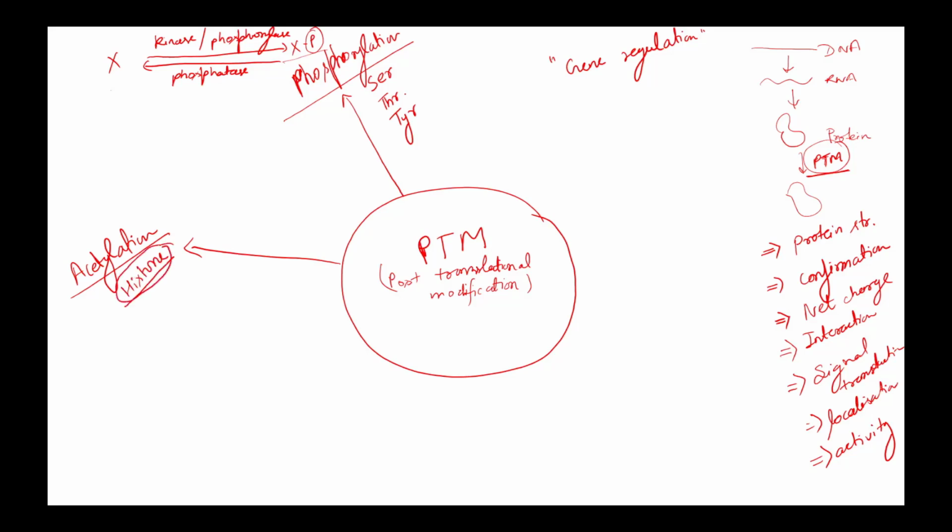These histone proteins are rich in positively charged amino acids such as lysine and arginine, so the acetylation of histone takes place on these amino acid residues.